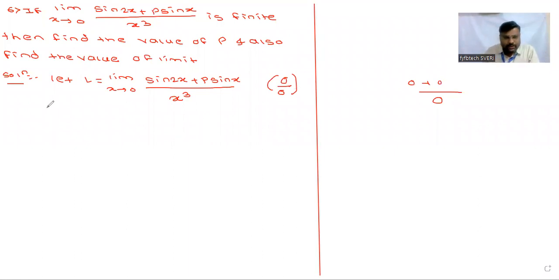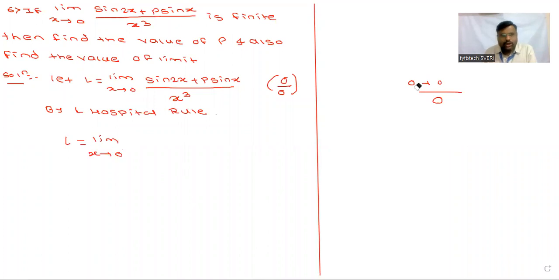Then what is the next step? By L'Hospital rule. What do you get by L'Hospital rule? L'Hospital rule काय भेटतं आपल्याला? L equal to limit x tends to 0, what do you get?